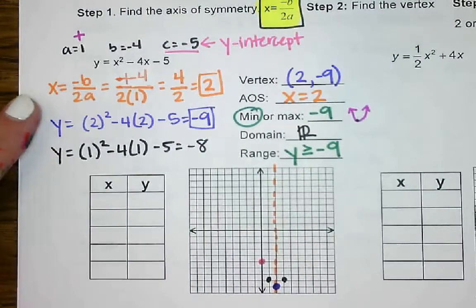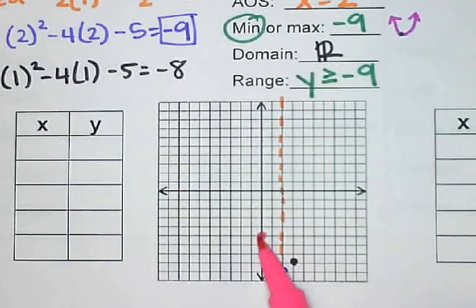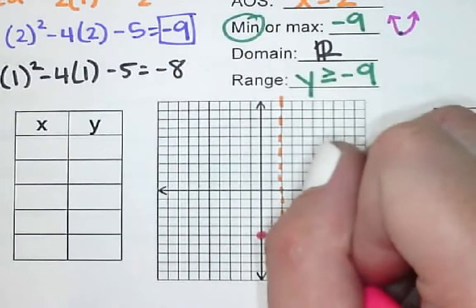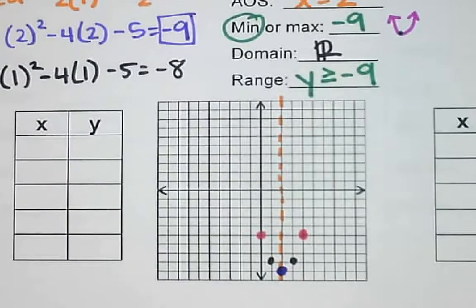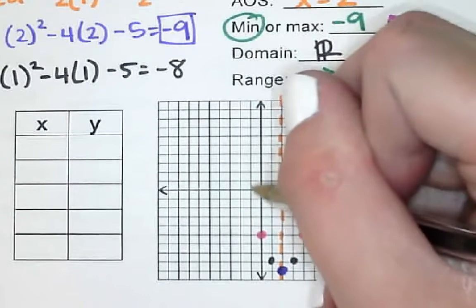Okay? And guys, when we graph that one, can we reflect it across the axis of symmetry? Absolutely. So now, do I have 5 points to graph? I do. So what I'm going to do is draw my parabola.